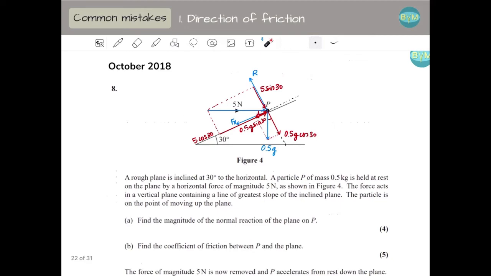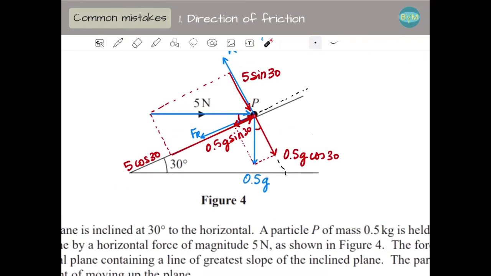So the force pointing down, this friction, together with this component of the weight that is again pointing down, is going to be the same as this one pointing up. So I have two pointing down, the blue and the small red, and then one pointing up.